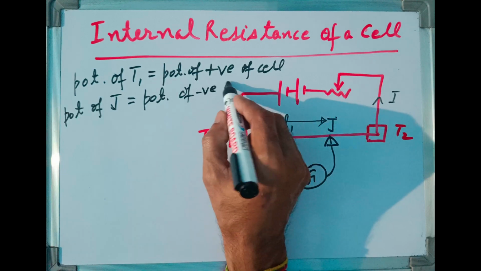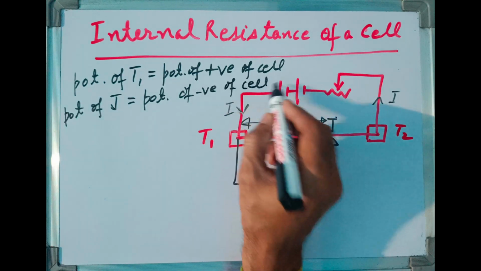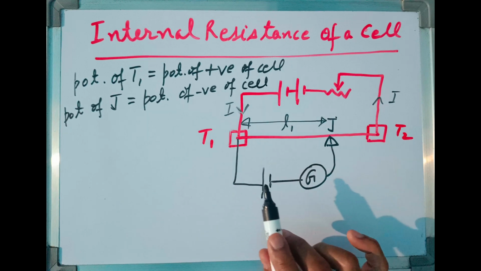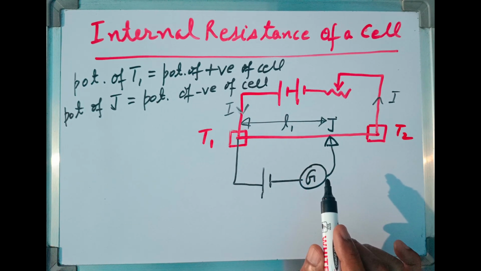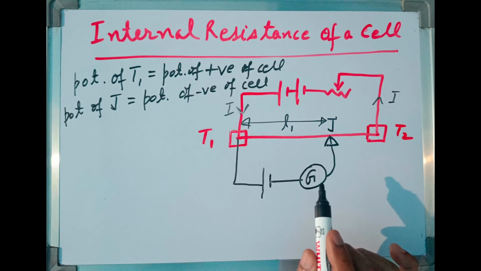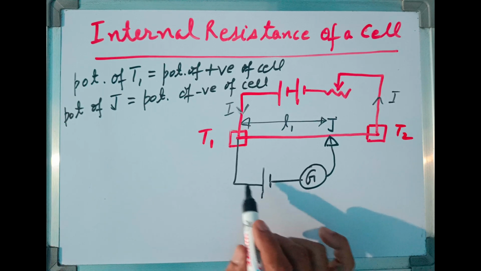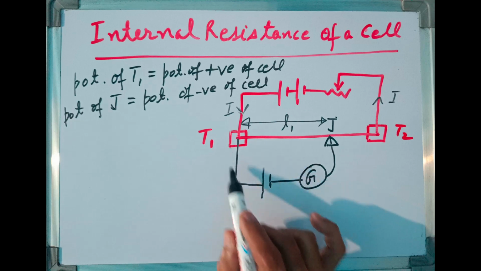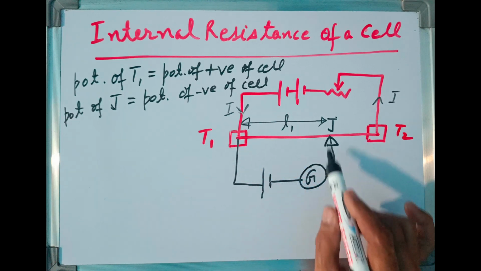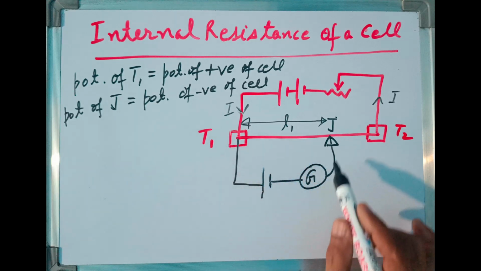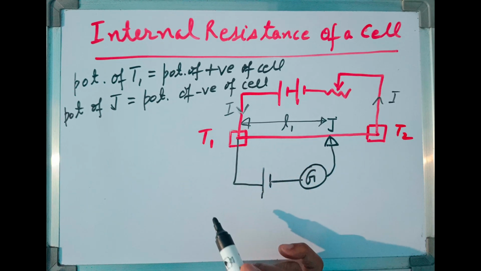This is the position when no current will flow, because current flows only when two points are at different potential. When this point and this point are at same potential, no current flows. As a result, there is zero deflection in the galvanometer.